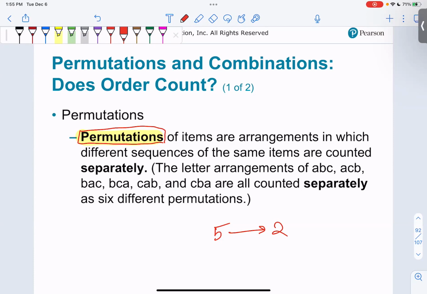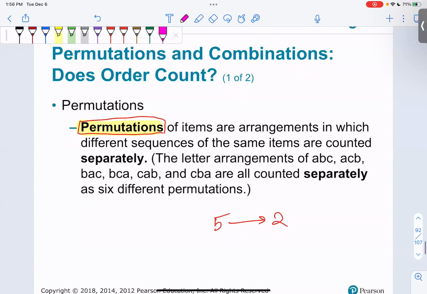So if the order matters, we will use permutation.